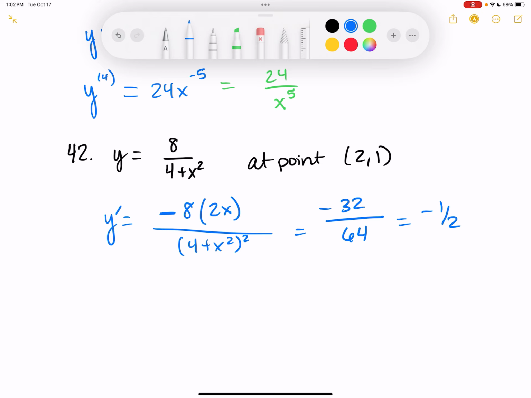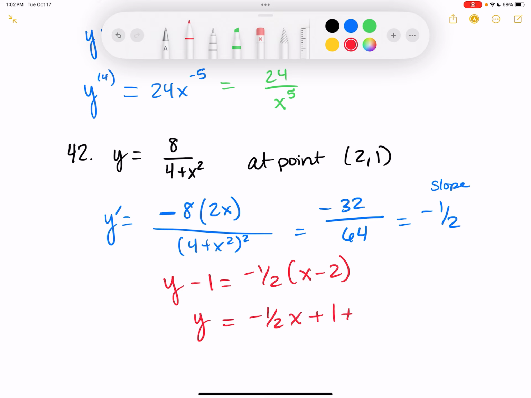So this is my slope. And then the line would be y minus 1 is equal to negative 1/2 times x minus 2. So y equals negative 1/2 x plus 1 plus 1. So y equals negative 1/2 x plus 2.